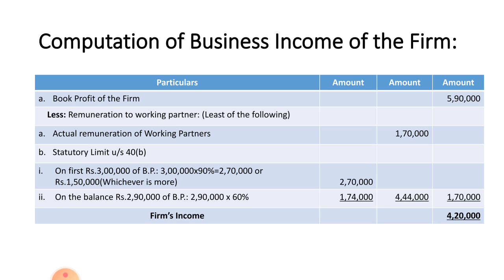From that you have to deduct. Here book profit is above 3 lakh, that means on first 3 lakh, 90% of book profit or 1,50,000 whichever is more, and on balance, that is the book profit minus first 3 lakh, 60% of book profit.